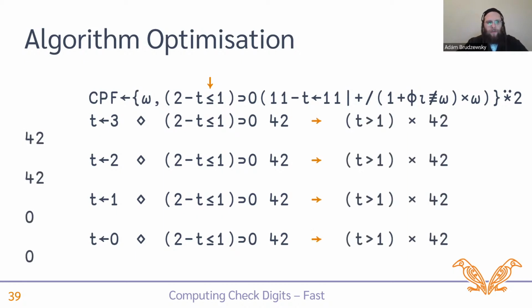So by flipping around the t less than or equal to 1 to t is greater than 1, then when that holds, we multiply by 1, and that preserves our value. And when it doesn't hold, we multiply by 0, and that, so to say, nulls out the value, makes this into a 0. If the value you want in the second case is different from 0, then there are often some arithmetic transformations you can make to make those adjustments.